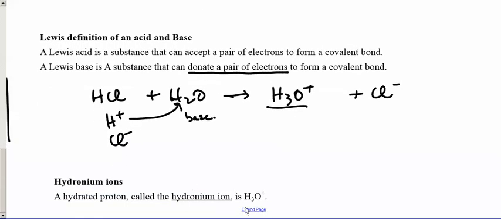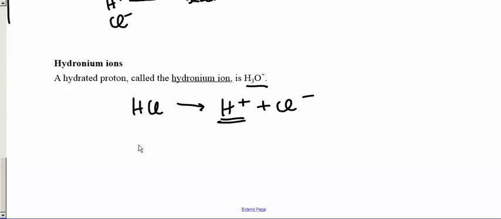Another thing here that we should be careful of, this H3O plus. Okay? It's called hydronium, and it's always around. You will never see me write something like HCl does this, H plus Cl minus. Never, never. Because H plus in water doesn't exist.